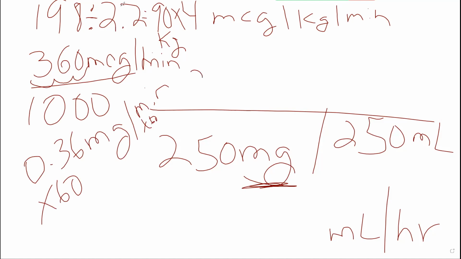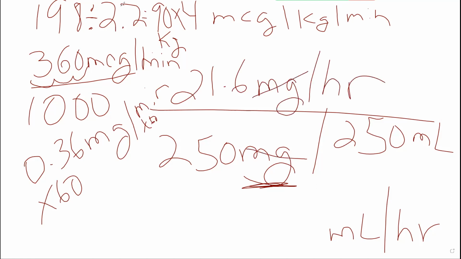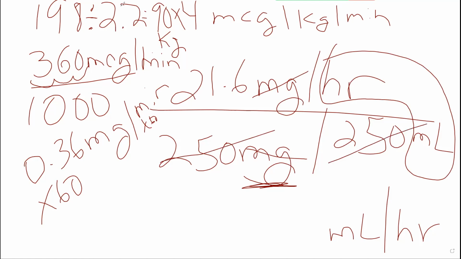That's going to give me 21.6 milligrams per hour. Milligrams cross out, I'm left with mLs per hour. And if I do the math here, this is going to cross out, right? I got it. And that was our answer.